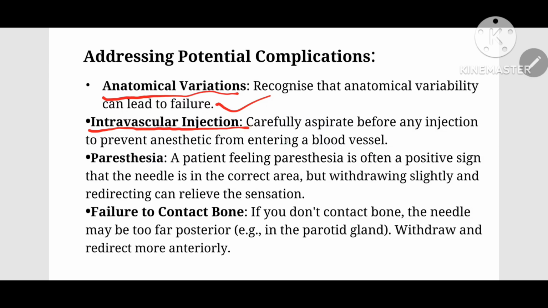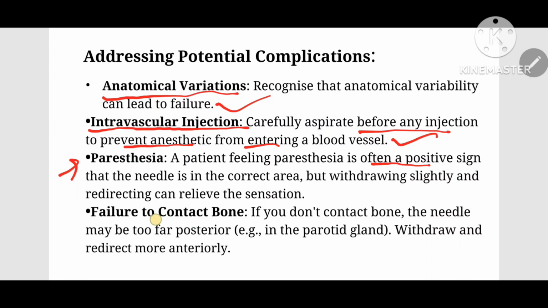So we should carefully aspirate before any injection to prevent the anesthetic from entering any blood vessel. Number three is paresthesia. A patient feeling paresthesia is often a positive sign, as I told you before. It's a positive sign that your needle is in the accurate place.